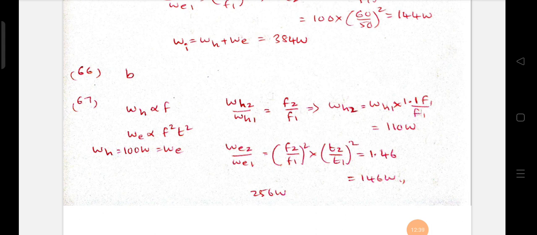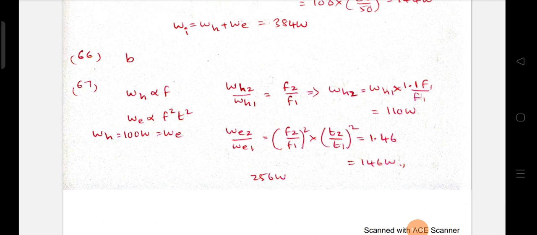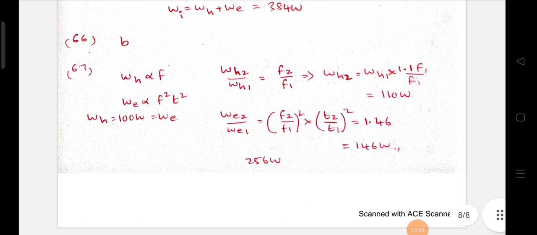Frequency is increased by 10%, which means F2 is equal to 1.1 times F1. That means hysteresis loss is 110 watts. Similarly, WE2 by WE1 is equal to F2 by F1 whole square into T2 by T1 whole square. Here F2 is 1.1 times F1, and thickness T2 is also 1.1 times T1. If you simplify this equation, you will get eddy current loss as 146 watts.